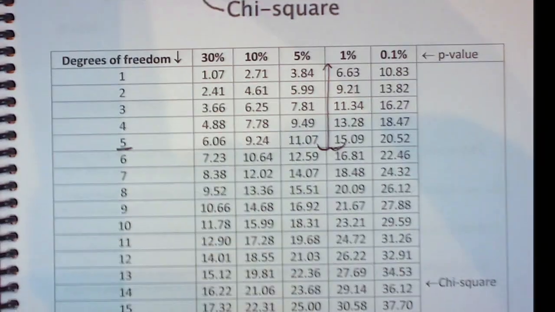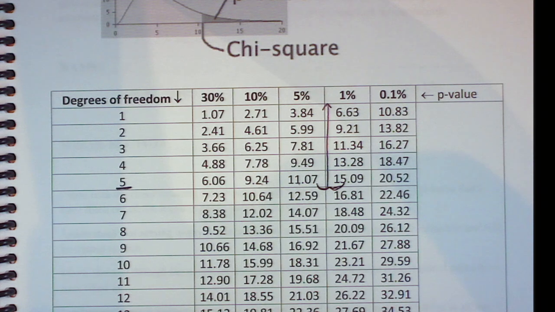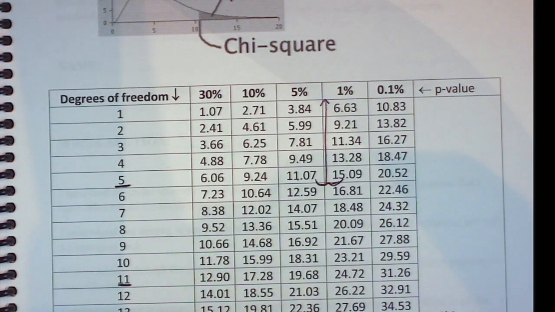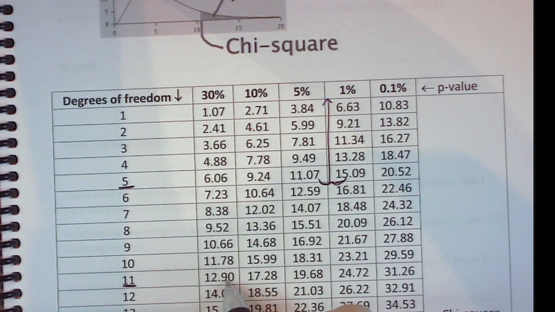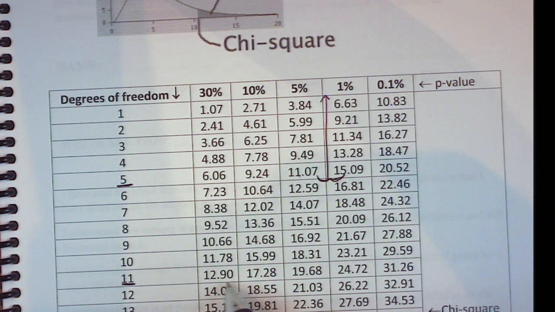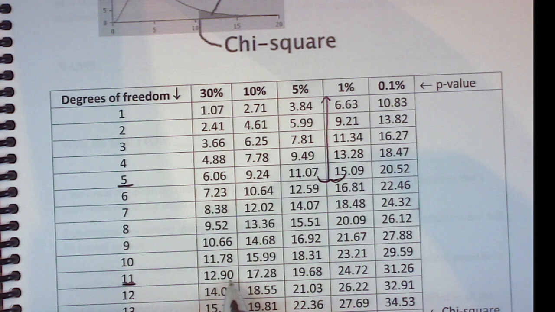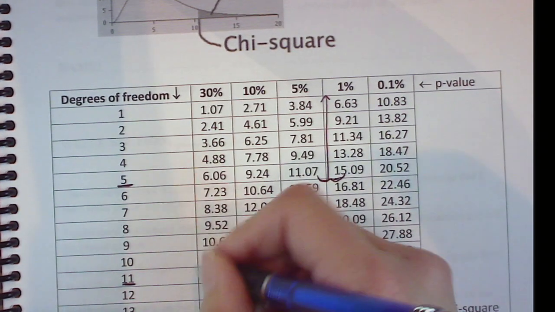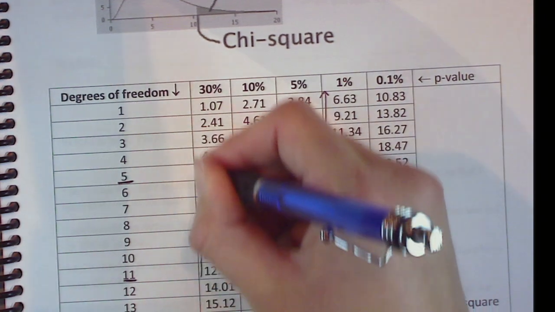This time I have 11 degrees of freedom. And my chi-square was 12.7. So here's 12.9. That's really close. The values get bigger as I go this way, so 12.7 is going to be right here, really, really close to 12.9.